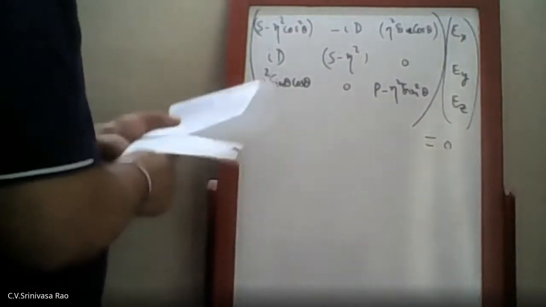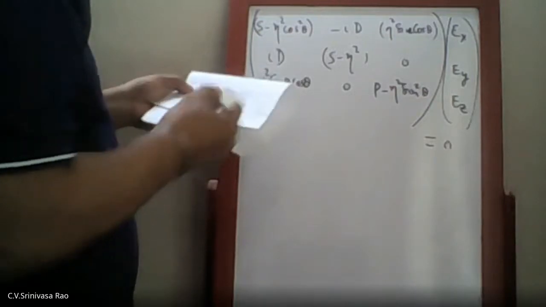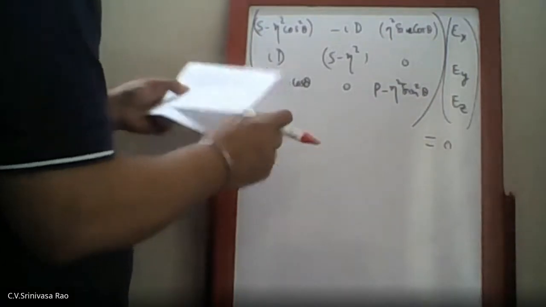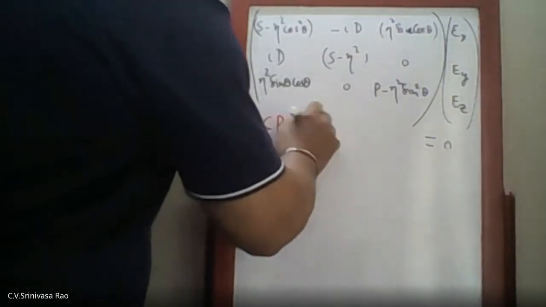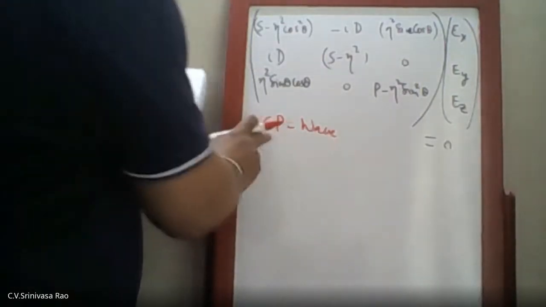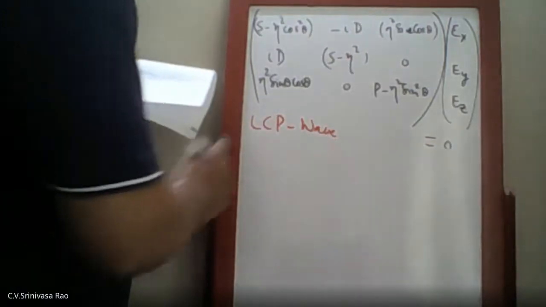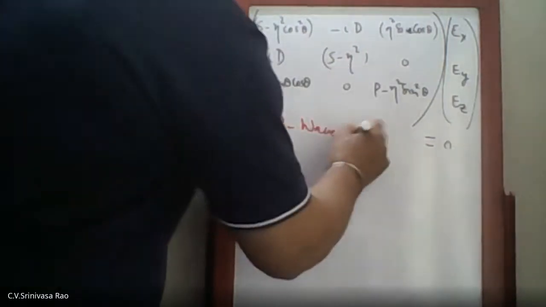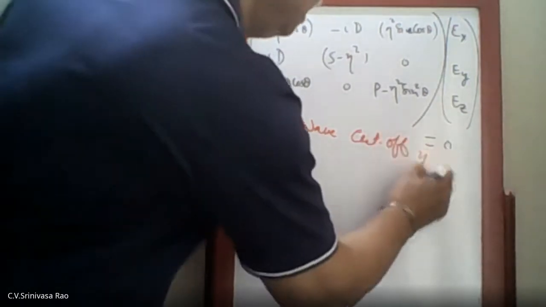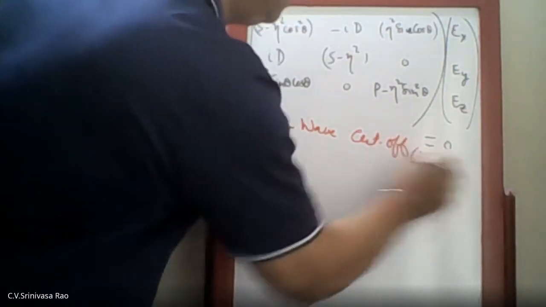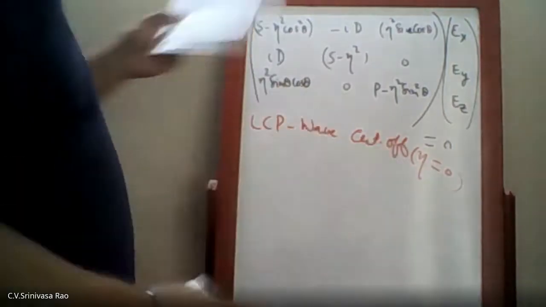We also saw last class that this LCP wave, the left hand circularly polarized wave, had a cutoff, which means eta is 0. The refractive index is 0.